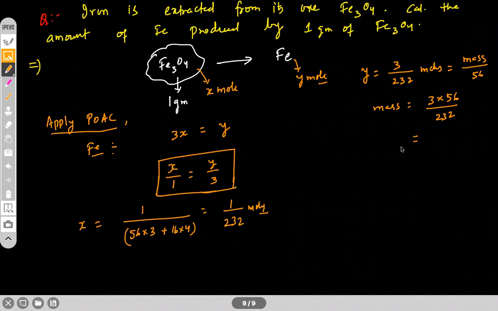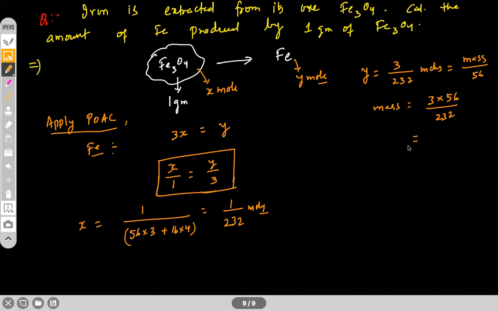Could you tell me what is the value we get here? 0.72.